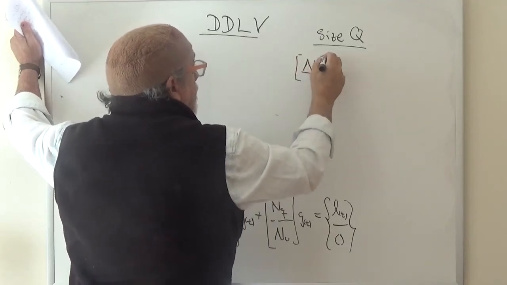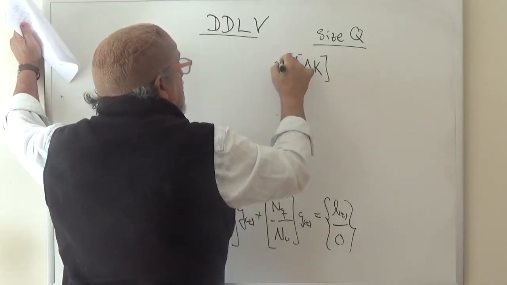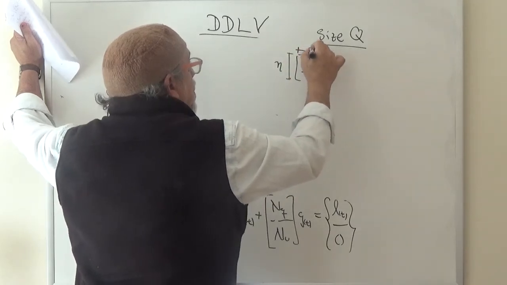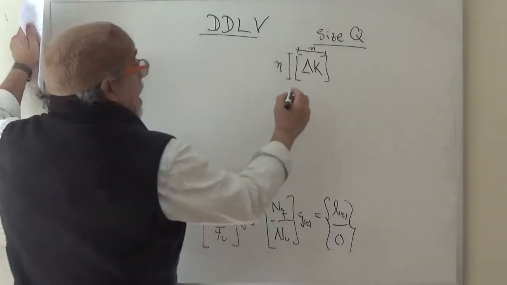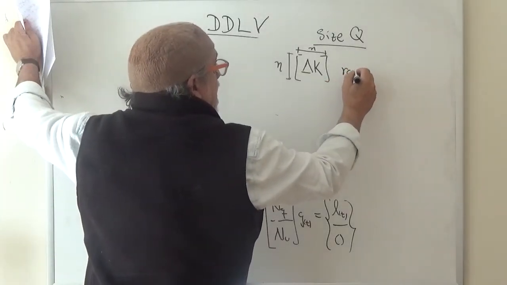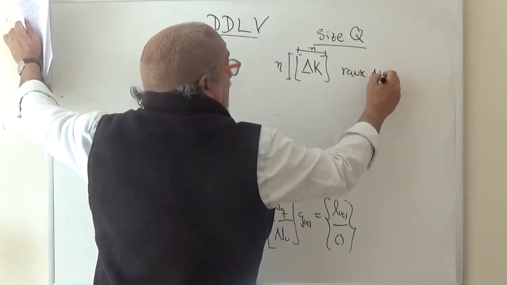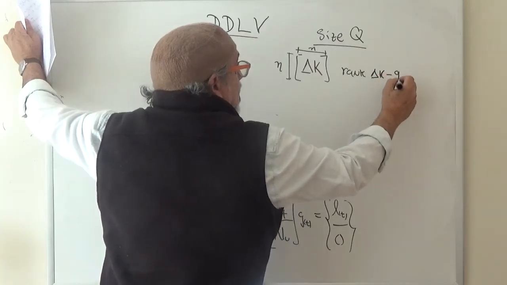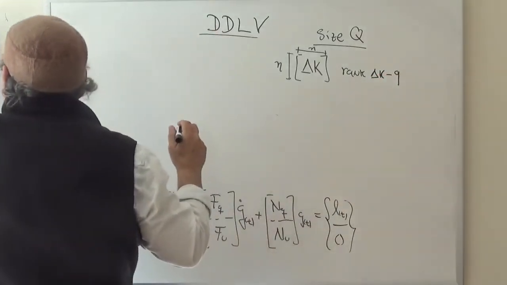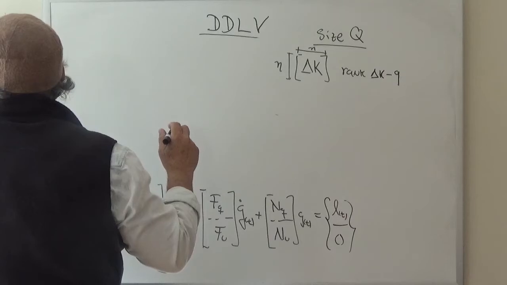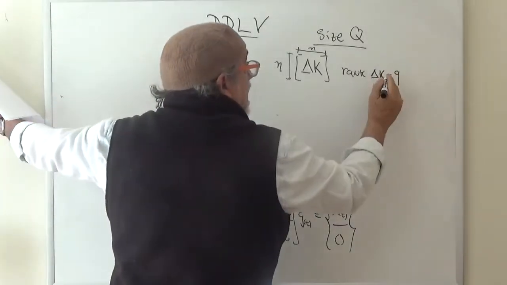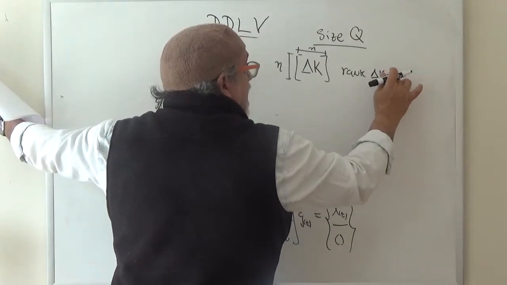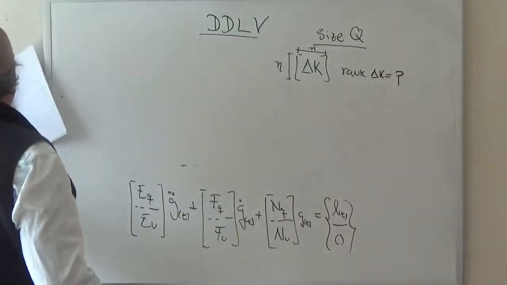Delta K is N by N, where we call N the number of degrees of freedom. Let's say that the rank of delta K is P, okay?